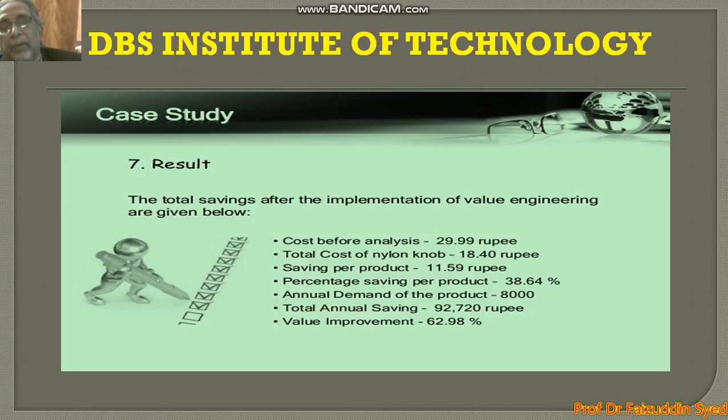Here the savings per product is 11.59 rupees. The percentage of saving per product is 38.64%. The annual demand of the product is 8,000 pieces. The total annual savings are 92,700.